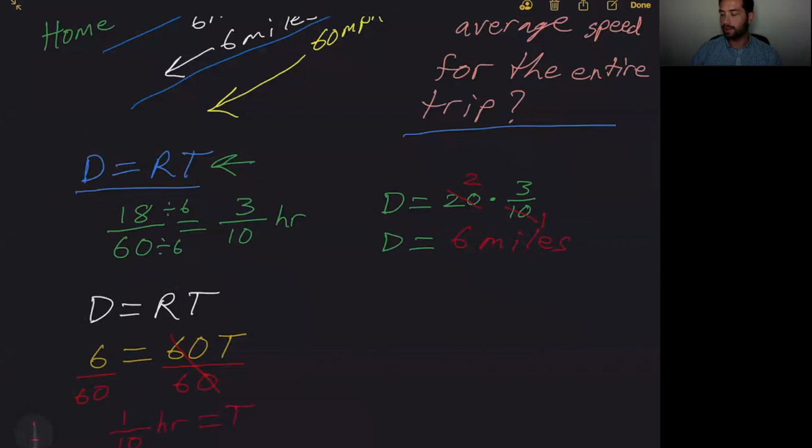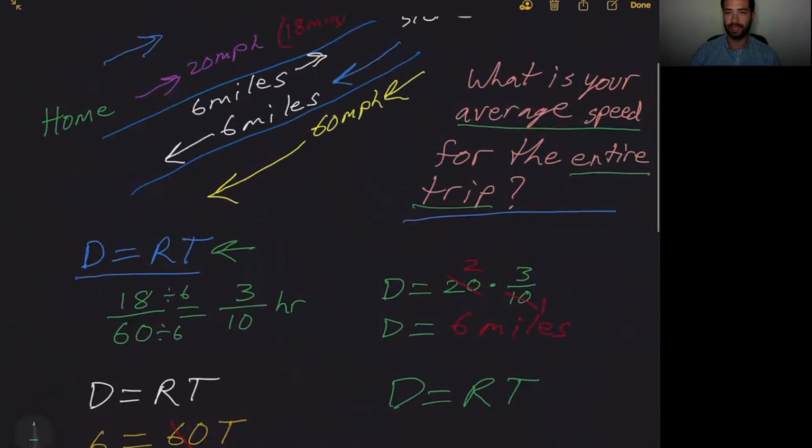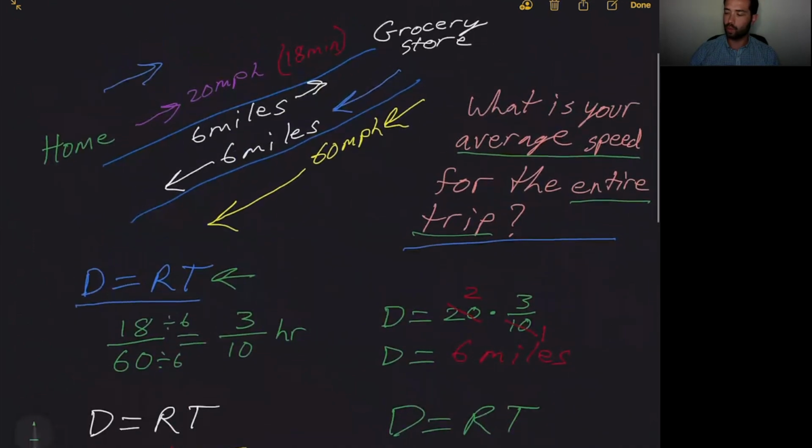Okay, so now we're almost to the end. So again, we bust out our trusty formula here. We've got distance equals rate times time. Well, remember the question up here, they want the entire trip, average speed of the entire trip. So, what is your average speed for the entire trip?